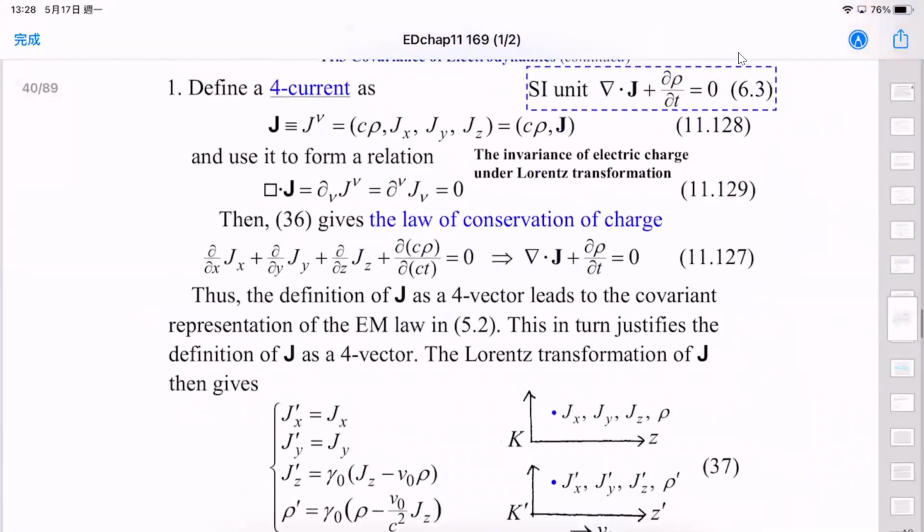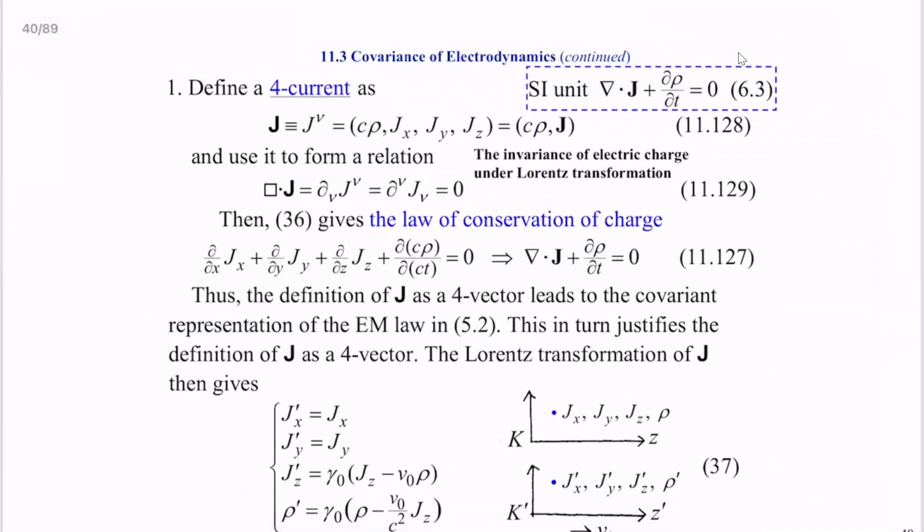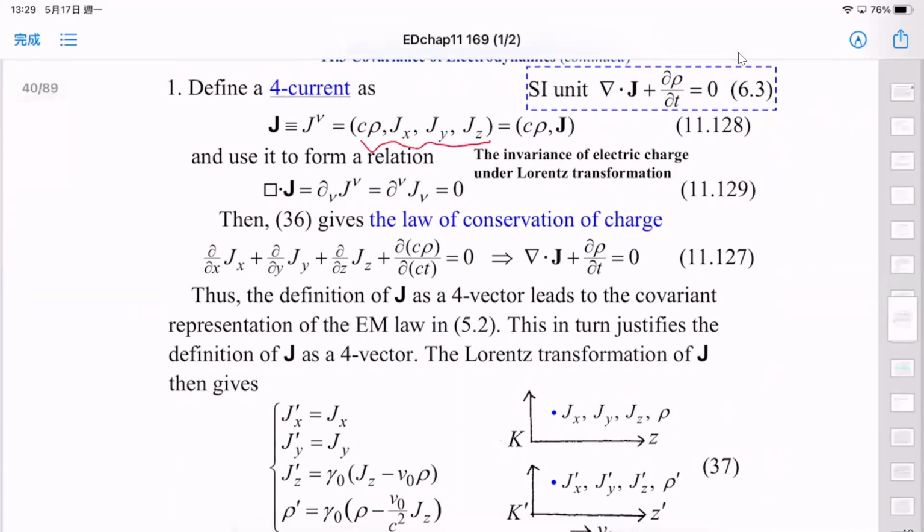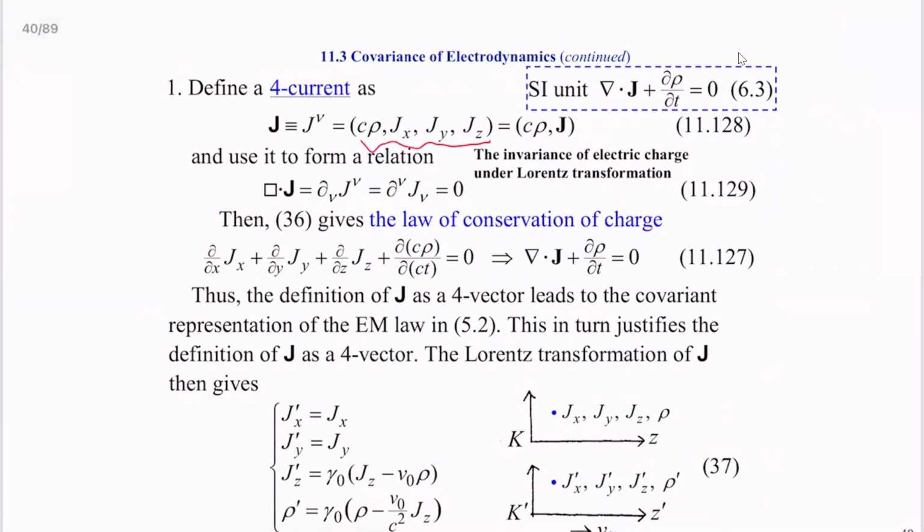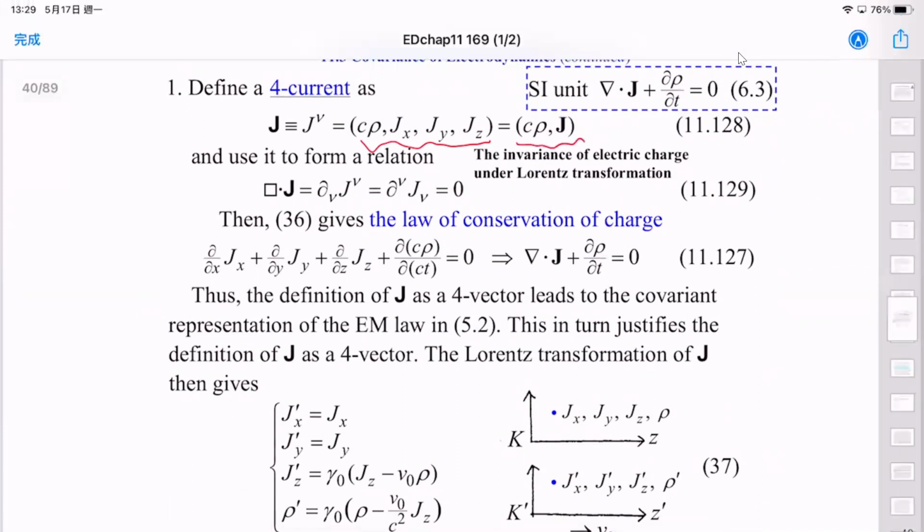Here is another one, four-current J mu, equal to c rho, Jx, Jy, Jz. That's the four-current, the same dimension.